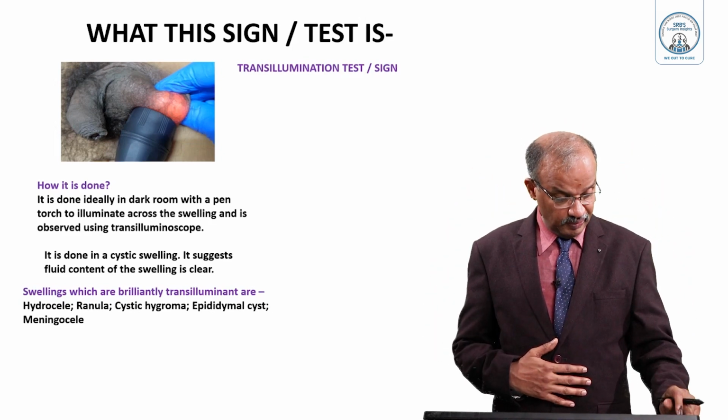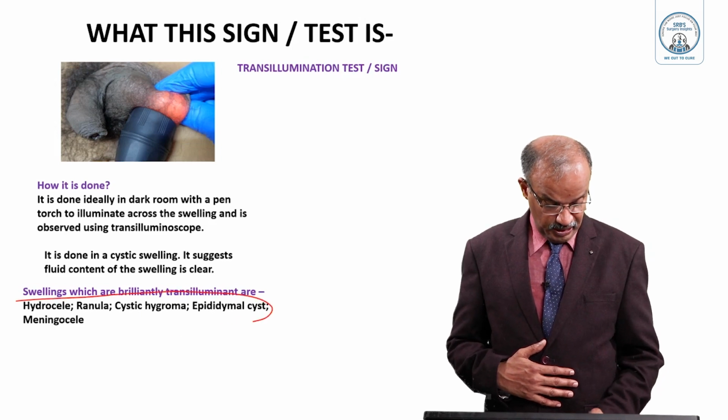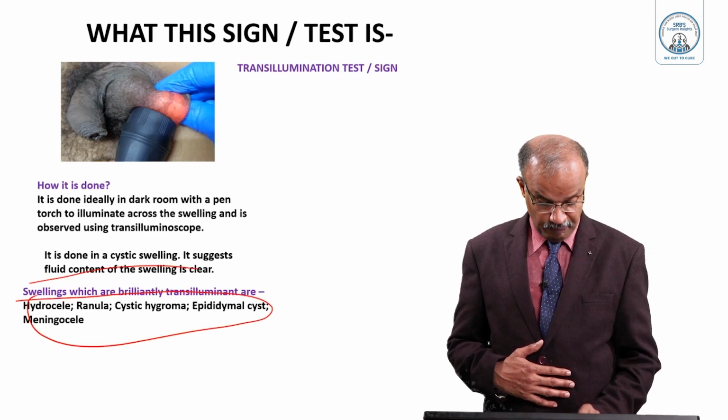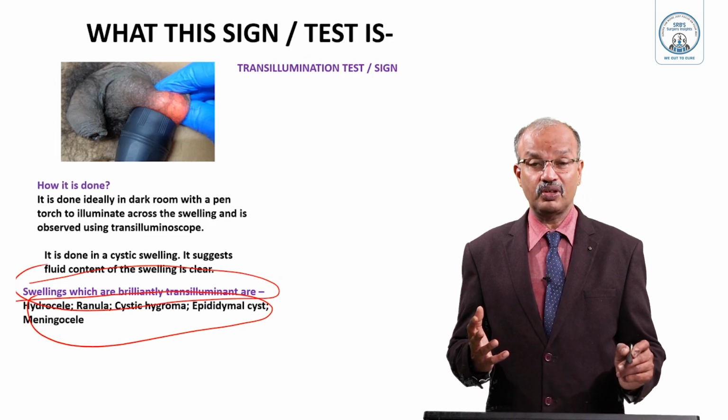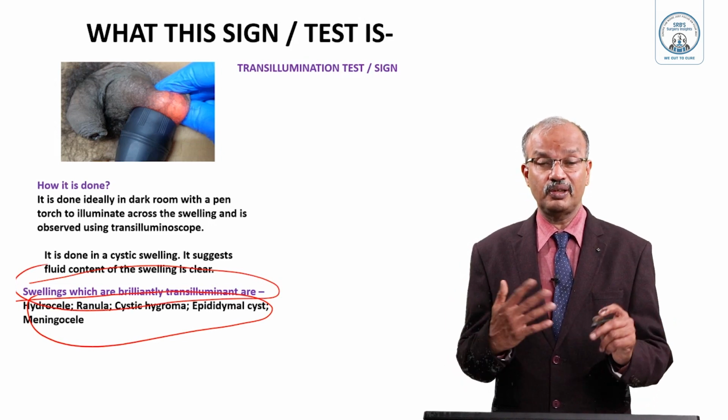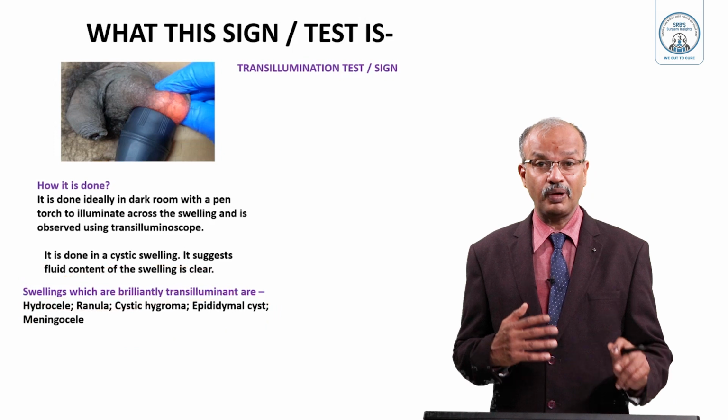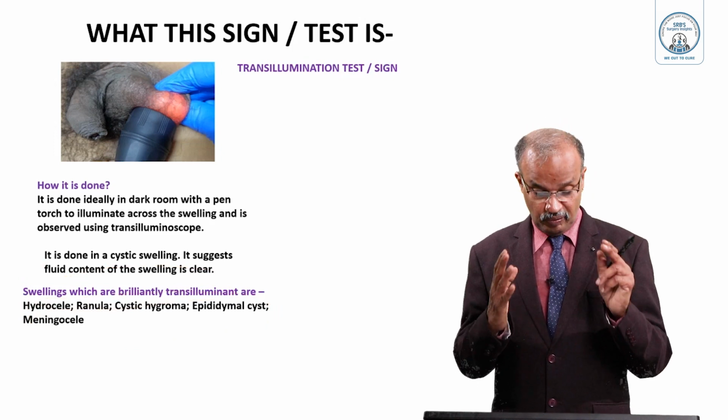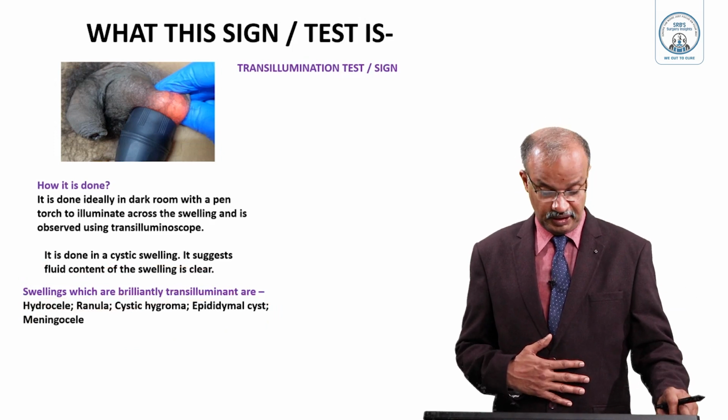These are the swellings which are brilliantly transilluminant, which you must remember; it is usually an MCQ question, or in the viva they will ask what swellings are brilliantly transilluminant after you do the transillumination test.